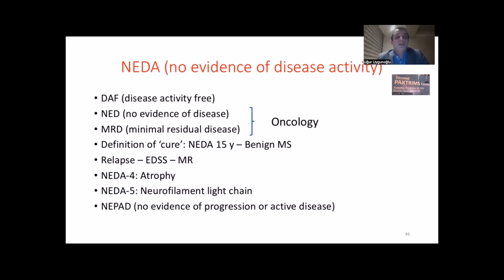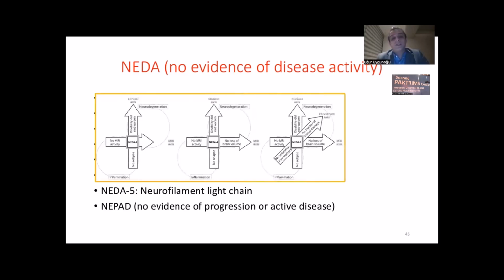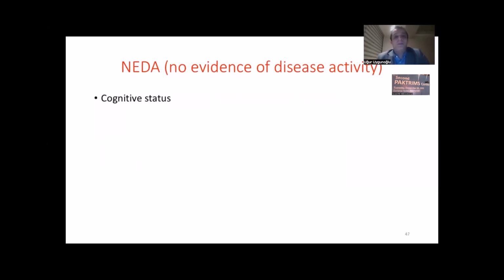The other term is NEPAD, no evidence of progression or active disease. So there were three main aspects: clinical, MRI, and relapse. But now the neurofilament light chain and brain volume loss are added to the NEDA concept. But how about the other complaints of the patients other than EDSS?